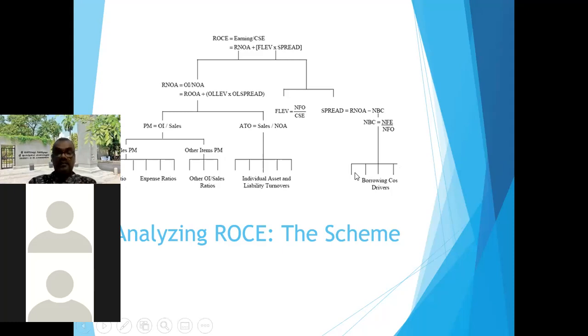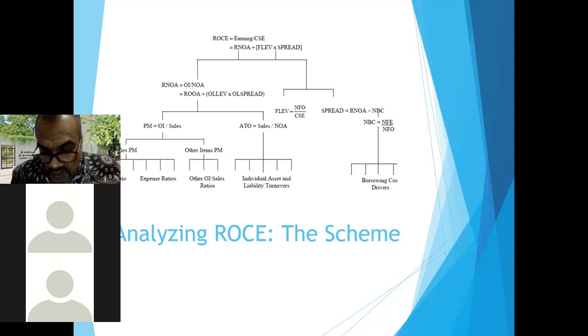Third level analysis, if you take different aspects, the analysis is the same. When we say third level breakdown of borrowing cost, borrowing 1, 2, 3, 4, 5, 10, all the analysis is the same. So likewise, hereinafter, all the analyses are the same: individual asset and liability turnover, other operating income over sales, expense ratios, different margins of different products.